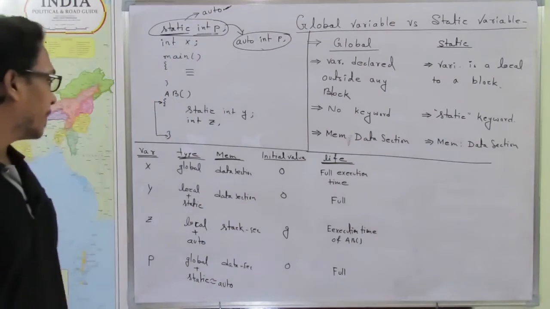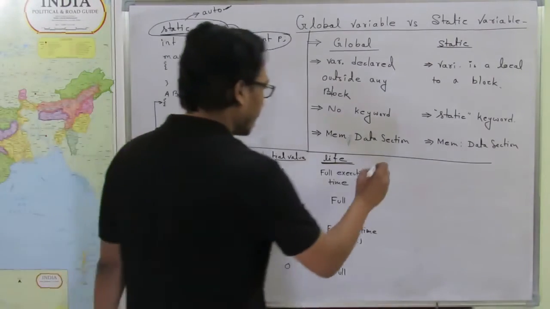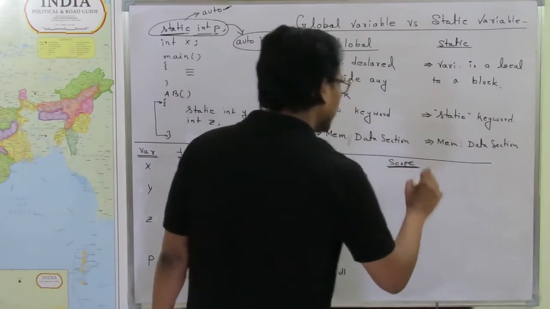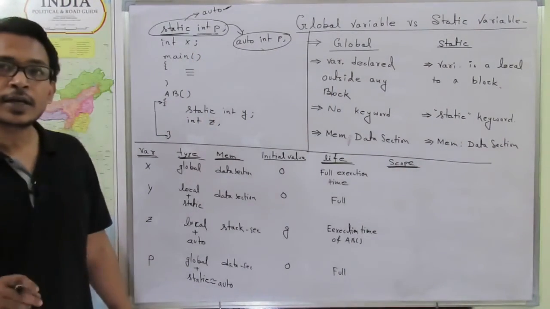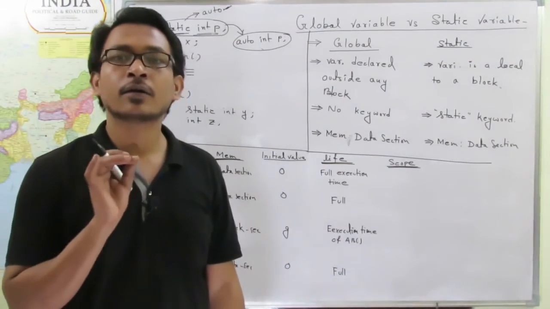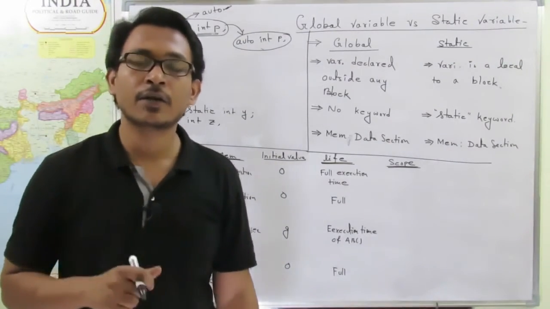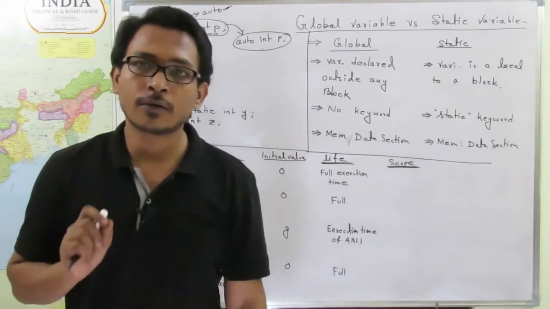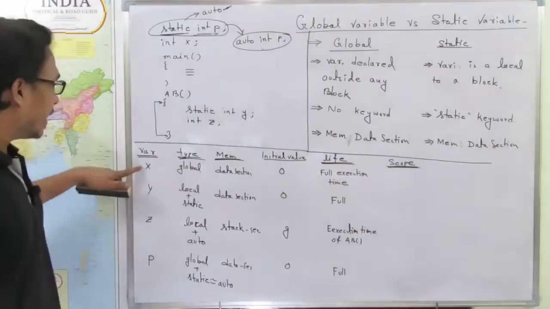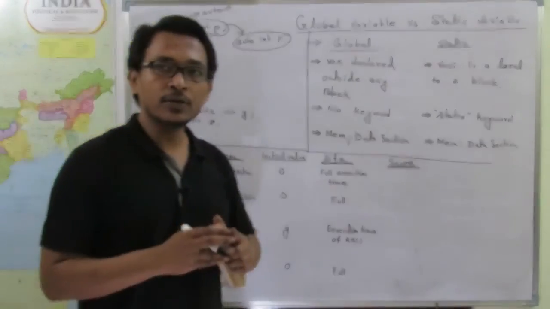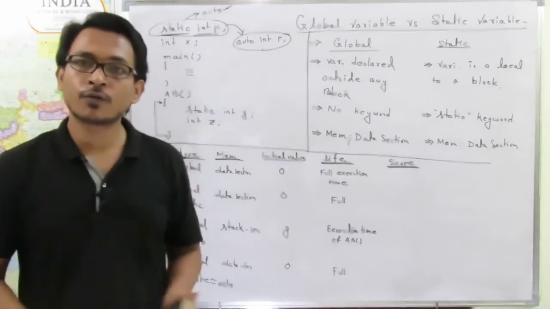Clear? Now coming to the scope part. Scope means from where in the program we can use the variable. From where in the program we can use the variable is called the scope of the variable. As x is a global variable, we can use it in the full program.